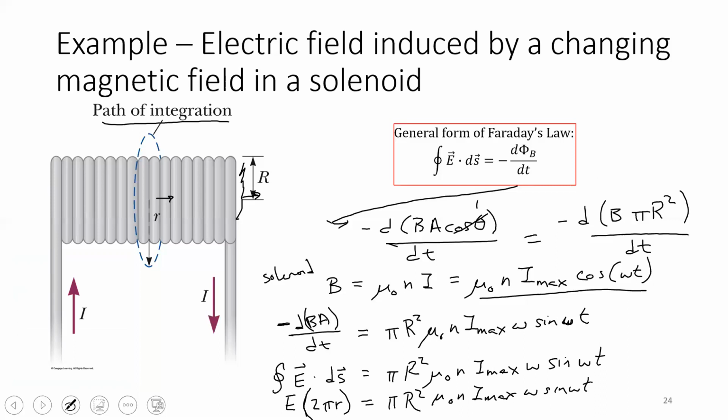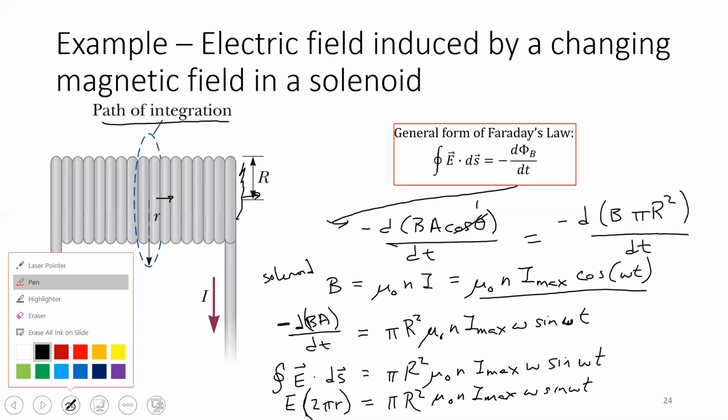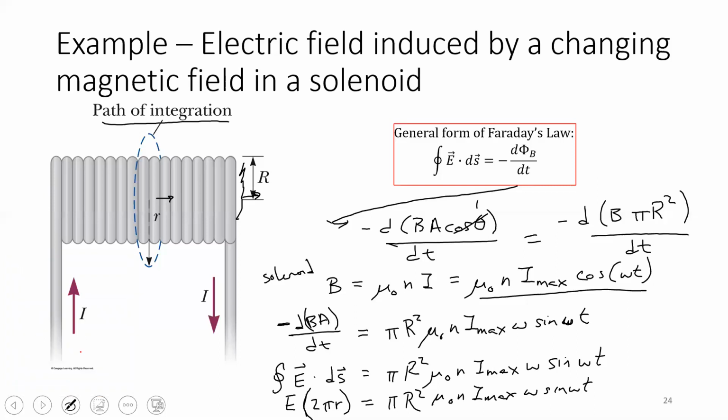Okay, so just taking it one step further, what we are going to come up with, and I'll write it in a different color, is that the magnitude of our electric field is going to be this stuff on the right-hand side here divided by 2 pi r.